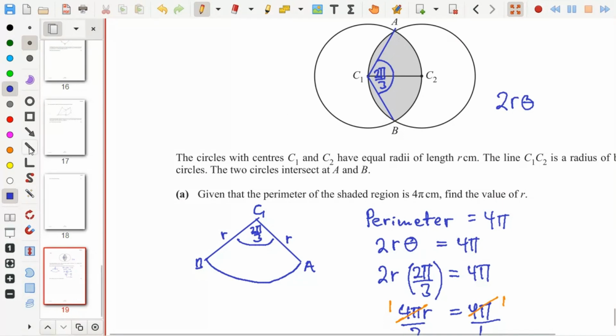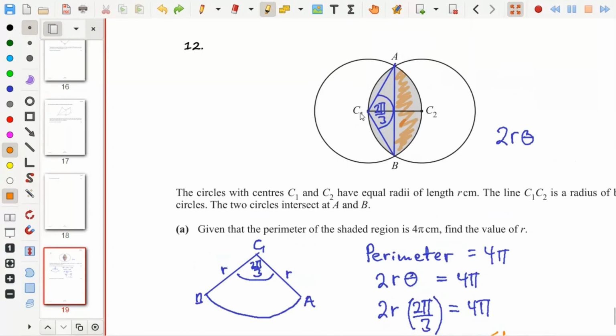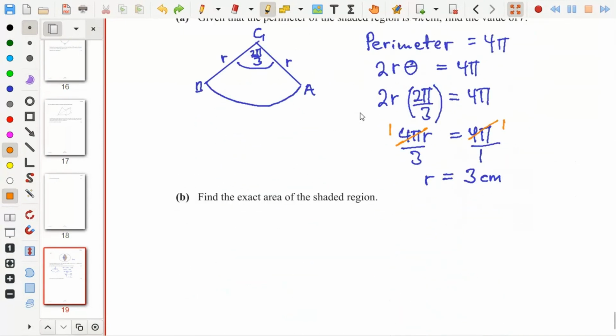Now when I joined A and B, on the bottom I have a segment. This segment is the same as that of the segment here, the same area. So right now what I can do is find the area of the segment A, C to B and multiply by 2.